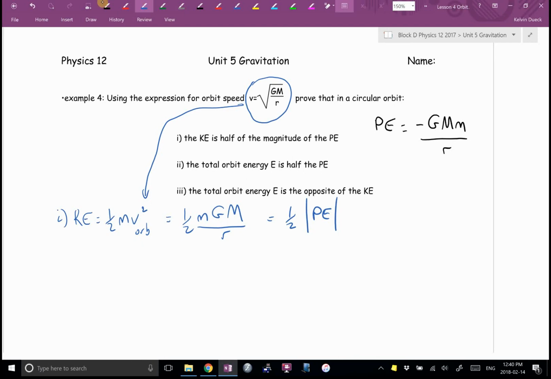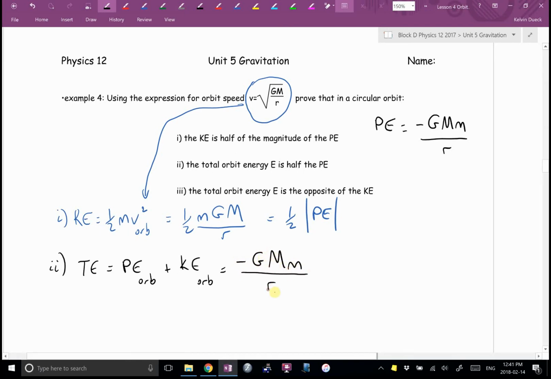Munir, what does the second thing want me to show? Total. That's going to be the potential energy in orbit and the kinetic energy in orbit. What's the potential energy in orbit? Are we in orbit? Are we cosmic? Can't use mgh. I'm going to have to use my cosmic one, which is negative big G, big M, little m over, and the R that I will use would be R orbit.